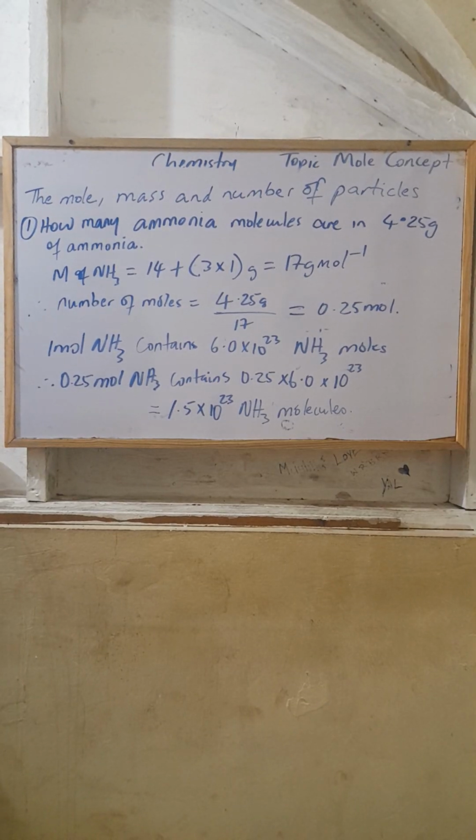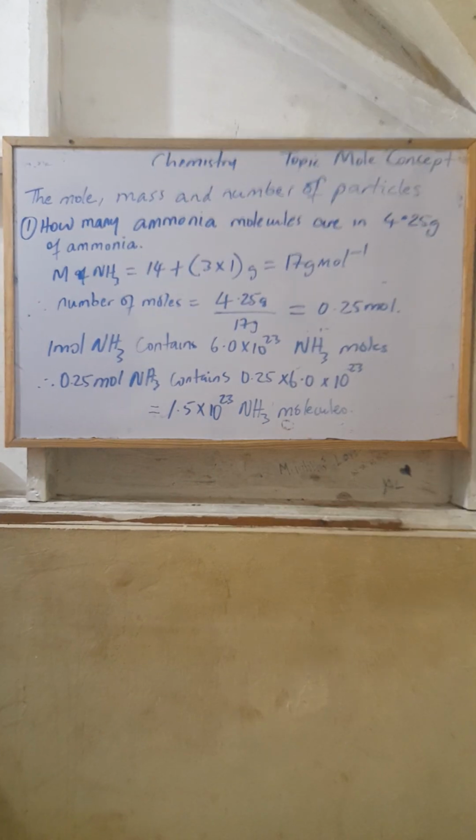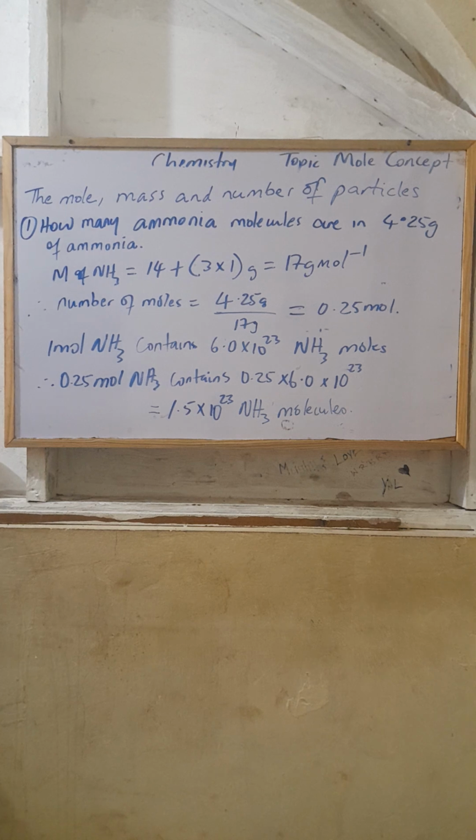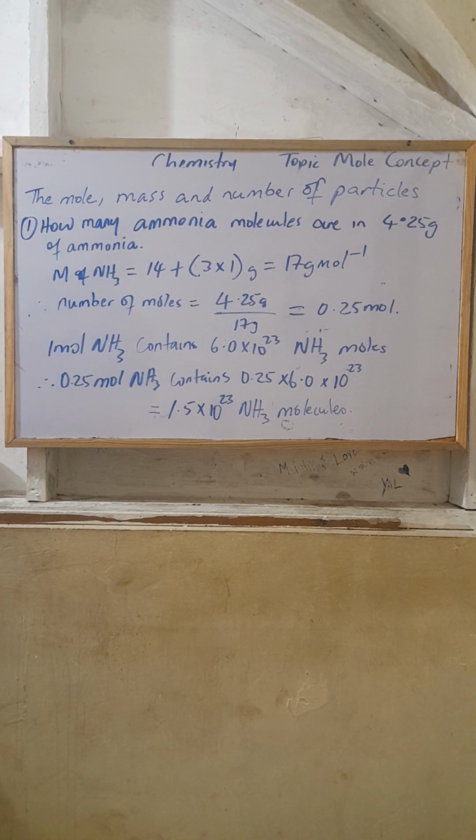The number of moles in 4.25 gram would be 4.25 divided by 17 grams, which is equal to 0.25 moles. So we see then that 0.25 moles is the amount of mole that is within 4.25 grams of ammonia.